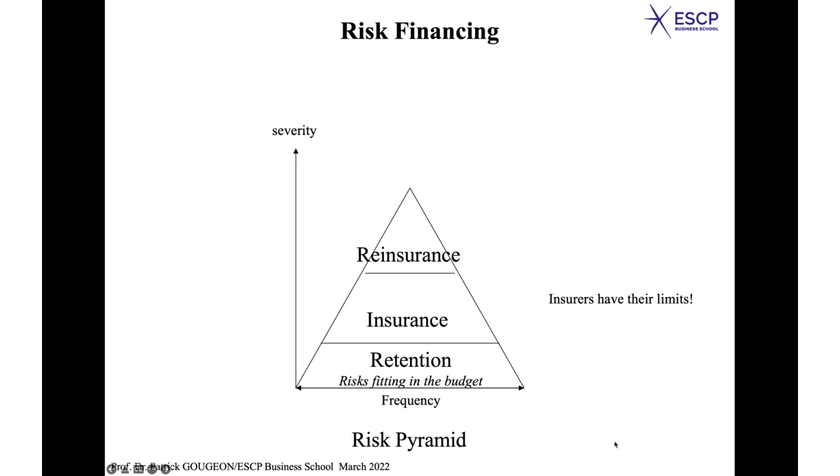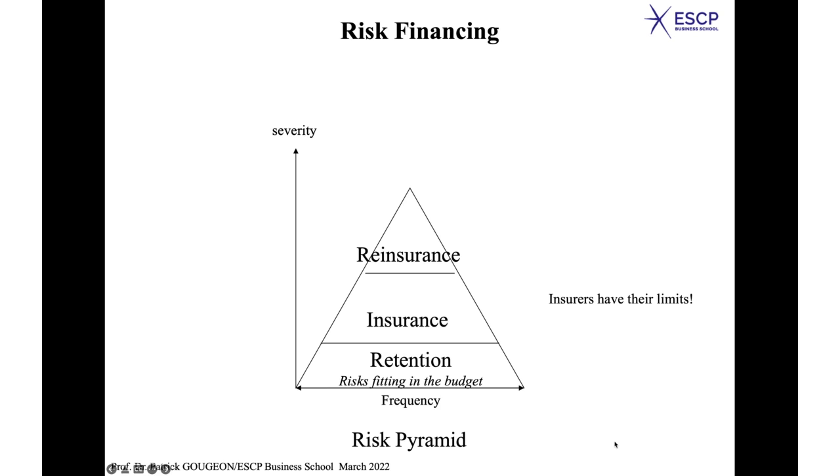So they may accept the risk in the first place, but they know that they will have to transfer it one way or another to the reinsurance market. Reinsurance can be seen as a global insurance system for insurers, so that they can transfer part of the risk they had accepted in the first place. So reinsurers can be seen as insurers for insurance companies.